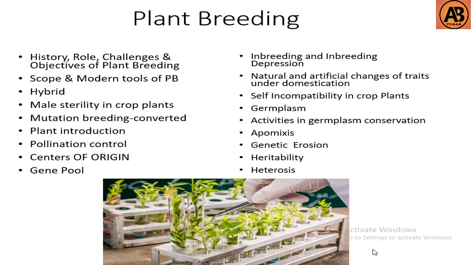In this course we will learn about plant breeding, and the contents are here: history, role, challenges and objectives of plant breeding, scope and modern tools of plant breeding, hybrid, male sterility, mutation, plant introduction, pollination, centers of origin, gene pool, inbreeding and inbreeding depression, natural and artificial changes of traits, self-incompatibility, germplasm, activities in germplasm, apomixis, genetic erosion, heritability, heterosis.